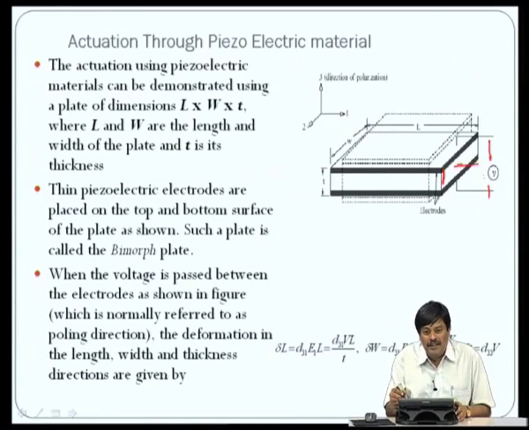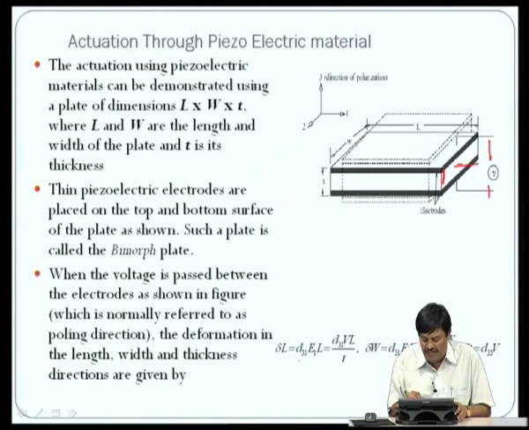When we do that, we can relate the change in length, that is the strain, to the D31. The 3 says that it is in the direction 3 with the applied voltage, and we are getting the stress in the one direction.